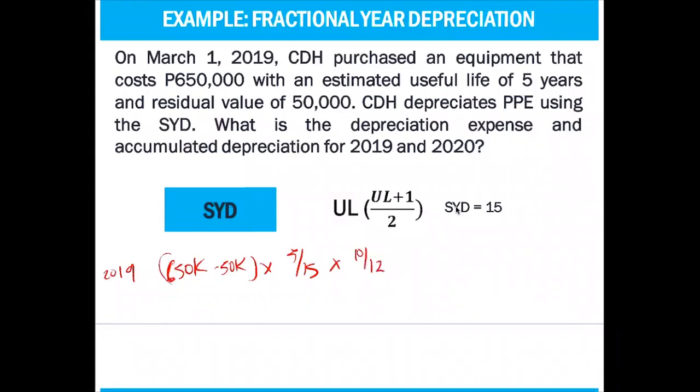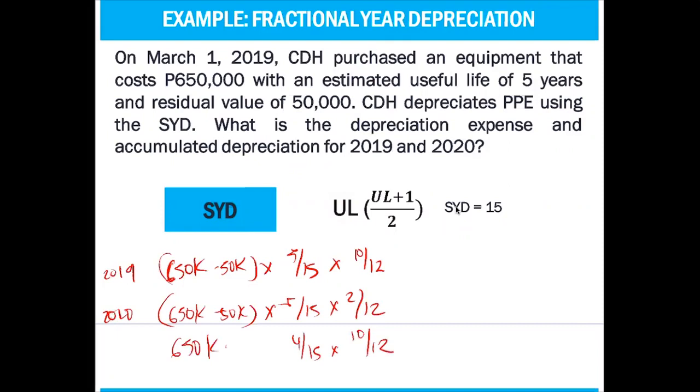So 10 over 12. How about on 2020? We have 650 less 50,000 multiplied by 5 over 15 times 2 over 12 yung natitira. Tapos kukuha ulit tayo ng 4 over 15 na 10 over 12. So 650 less 50,000, ganun naman for 2020. So notice, kung ilan yung natira doon sa unang fraction, yun na lang yung kukunin natin sa second year.